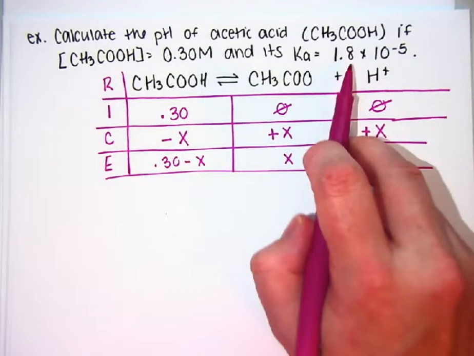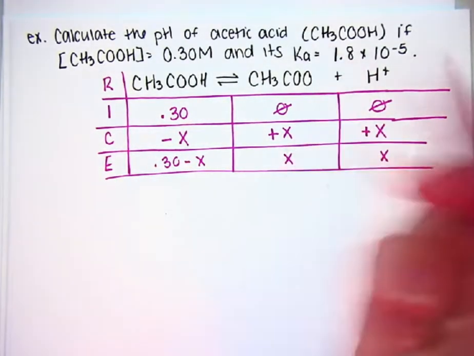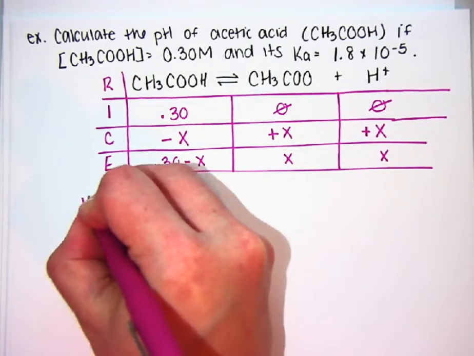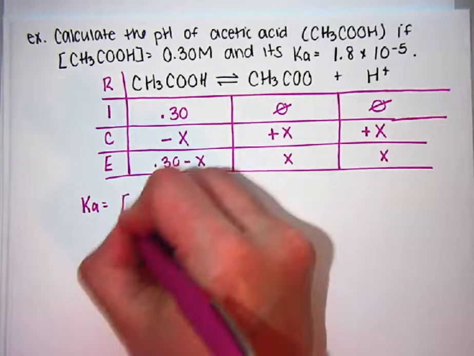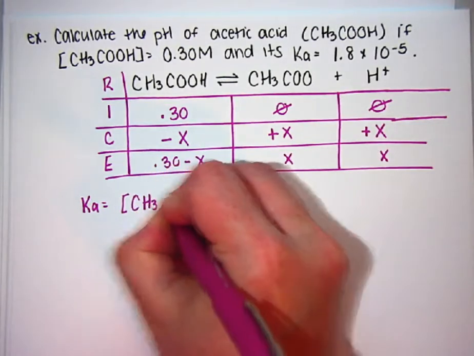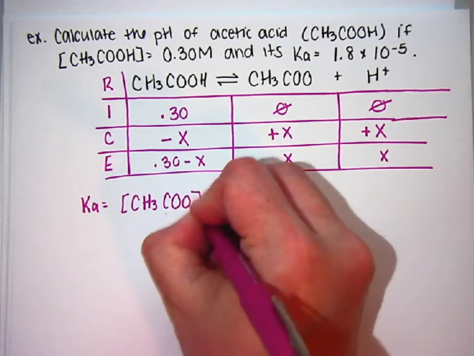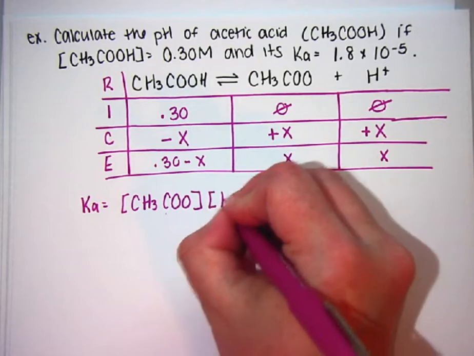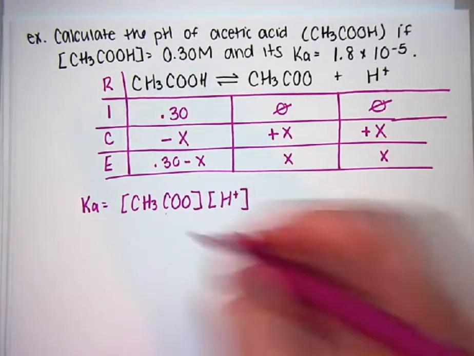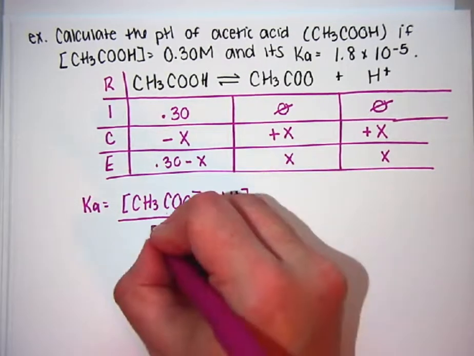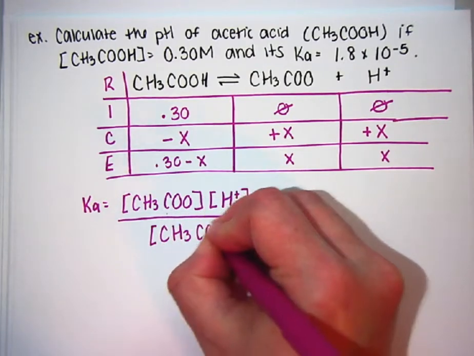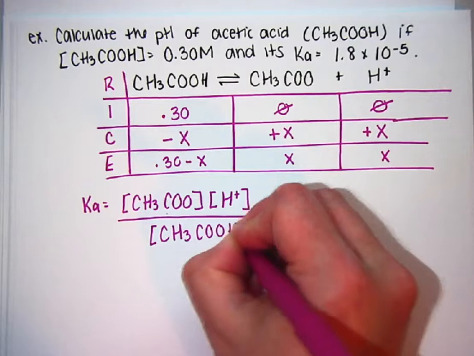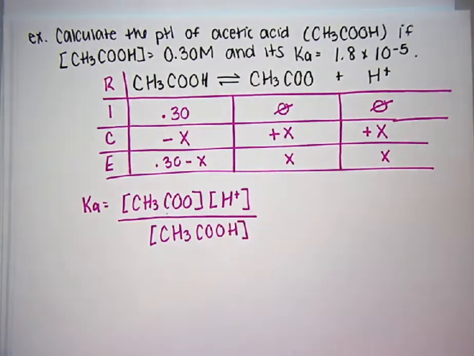So I have a Ka value. So let's write our Ka expression. Products over reactants, and let's plug in what we know.